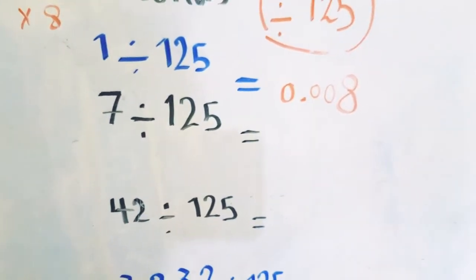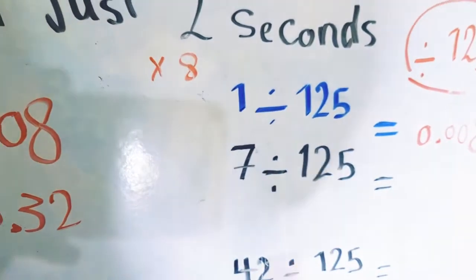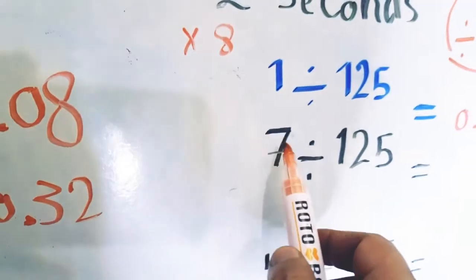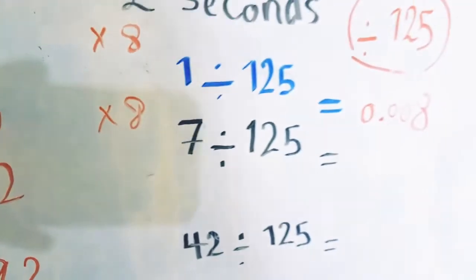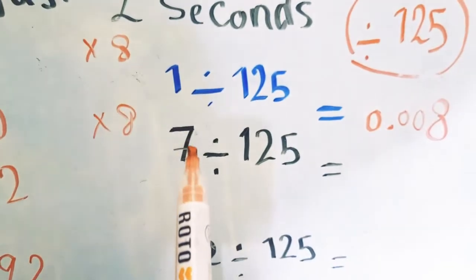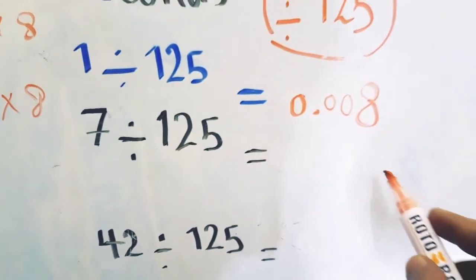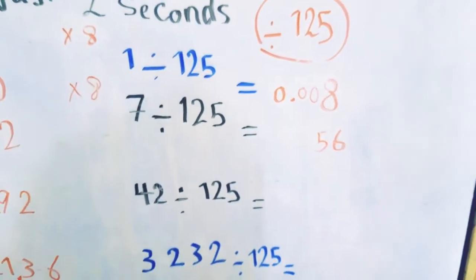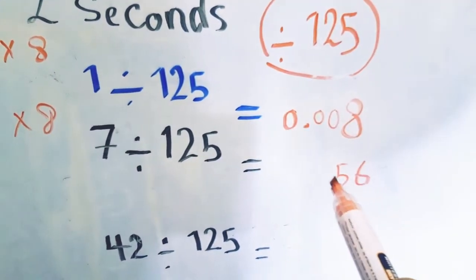7 divided by 125. As we have just said, when we divide any number, whatever, by 125, we look at the dividend and then multiply it by 8. Okay, so we multiply 7 by 8. 7 times 8 equals 56. Okay, this is the first step. Here we need 3 digits at the right side.